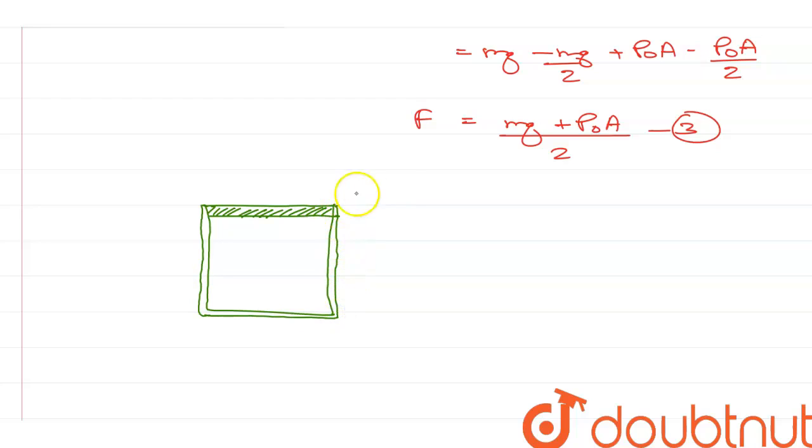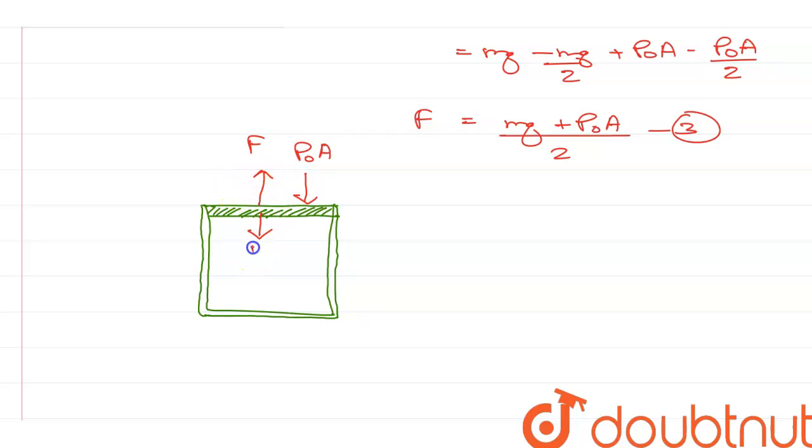If we talk about the forces that are acting here, the first force is the force F that we are applying to pick this system up. Then there is the force due to the pressure of the atmosphere, P naught A, acting downwards.